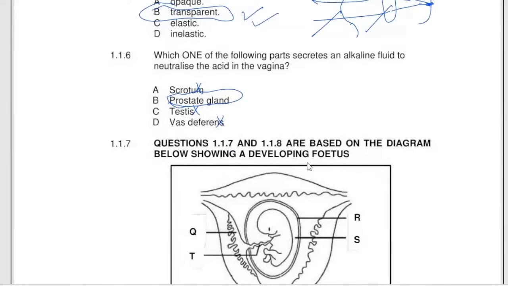We call them accessory glands, and they are 3: seminal vesicle, prostate gland, and Cowper's gland. I only have the prostate gland, so B becomes the most correct answer.